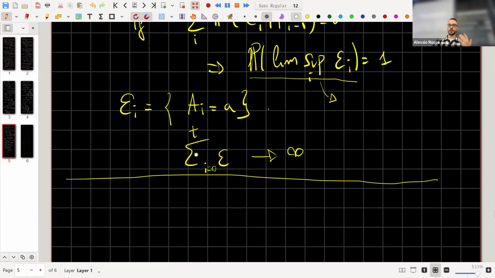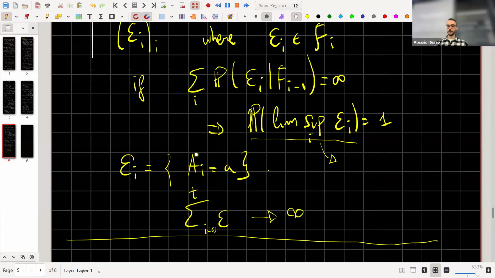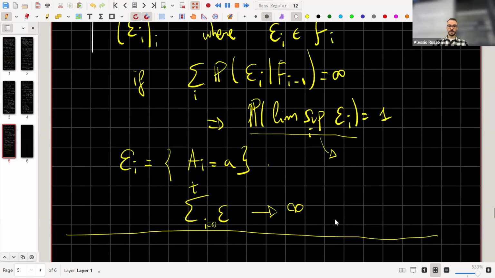But this is just an intuition of why setting a minimum threshold on the probabilities can help with the estimation. Because this guarantees that the number of times you have selected arm A tends to infinity, and by the law of large numbers, you can show that your estimate theta hat_A(t) goes to theta_A.